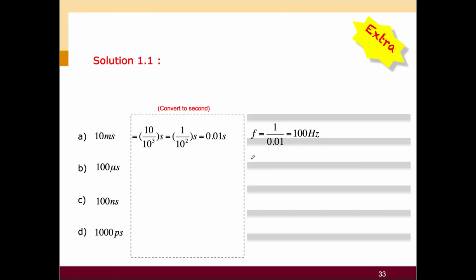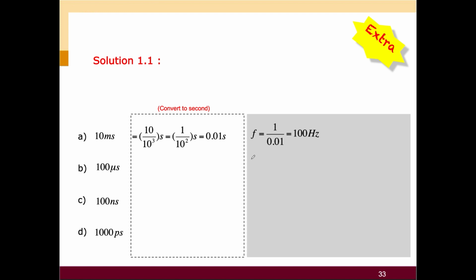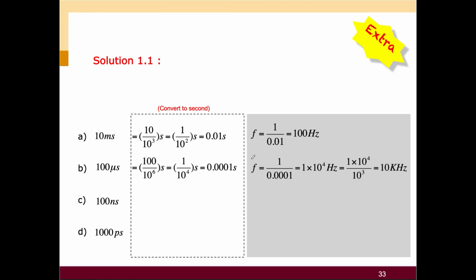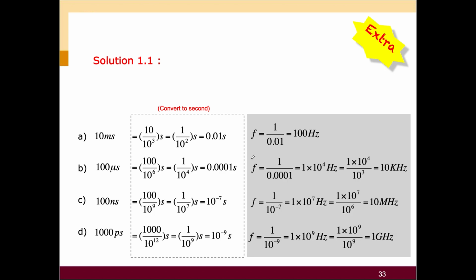There is a solution on how you're going to get it by using the converter or conversions, just in seconds. So you get the answer if you are given the time and you get the frequency.